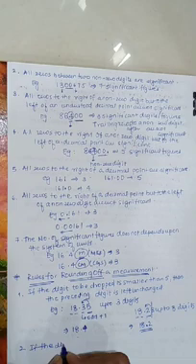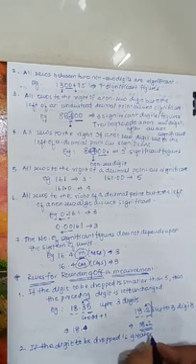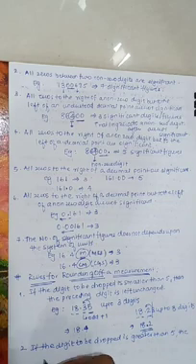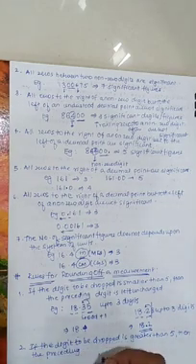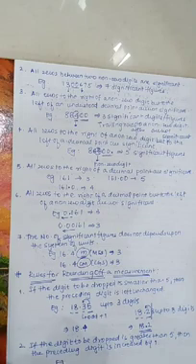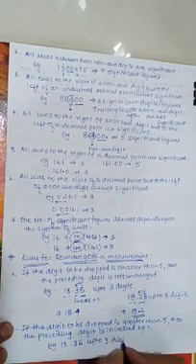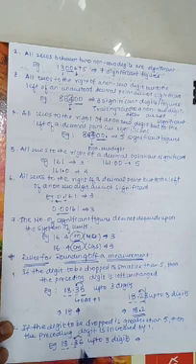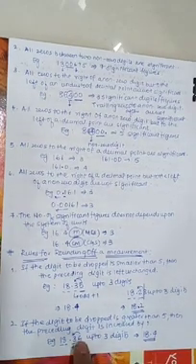Second, if the digit to be dropped is greater than 5, then the preceding digit is increased by 1. Suppose I give you the same example, 18.36, up to 3 digits. So you take the first 3 digits, 1, 2, 3. Now the dropped digit is 6, which is greater than 5.